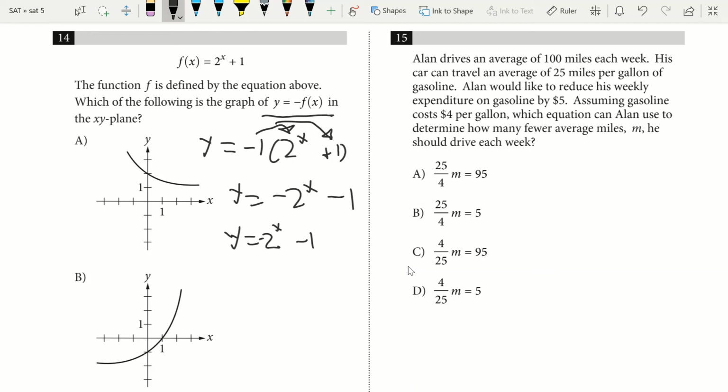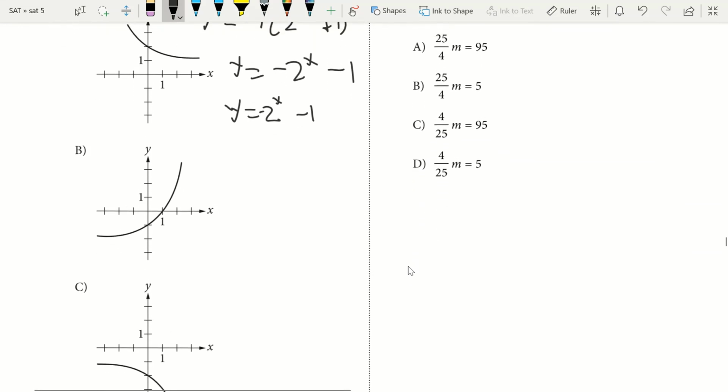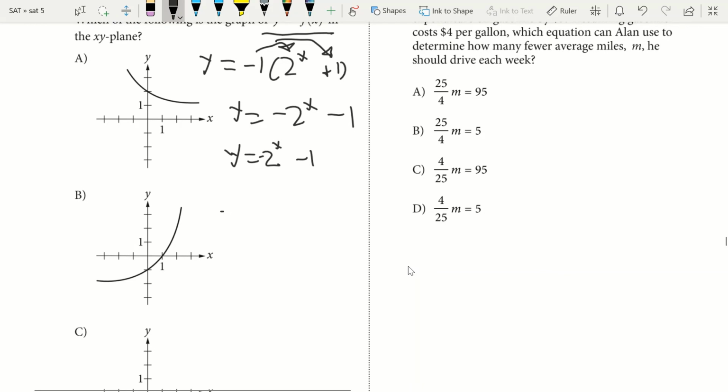Now we just find which graph shows our equation, right? Well, if we know we have negative 2 to the power of x, any number to the power of x, so say 2 to the power of x, if x is negative, so on the left side of our y-axis, that just means 1 over 2 to whatever the absolute value of x is, right? So we know that this 2 to the x can't ever change signs.